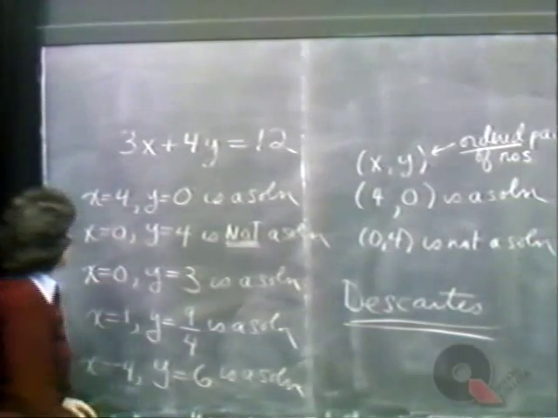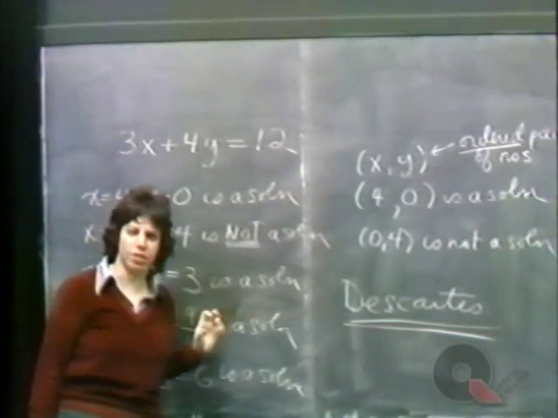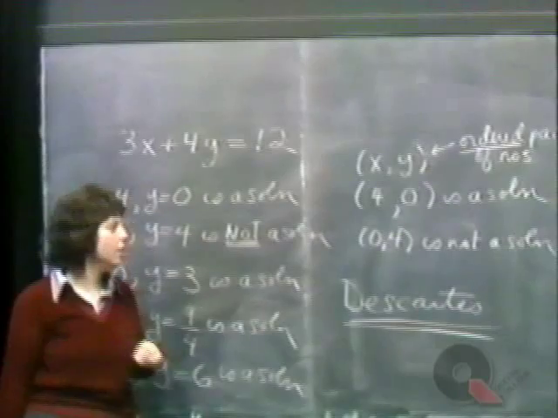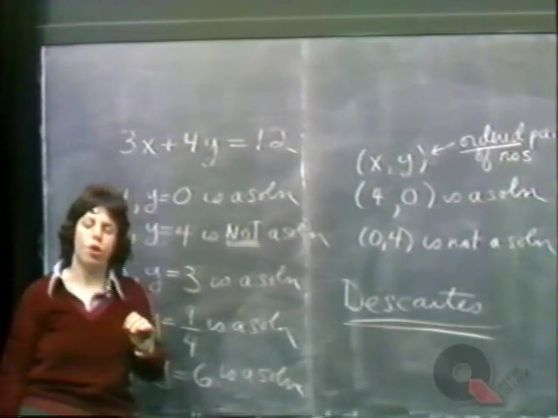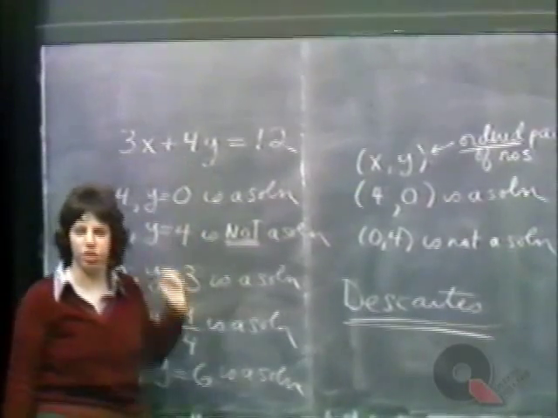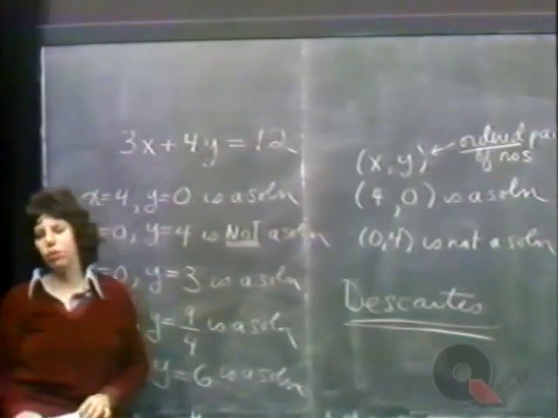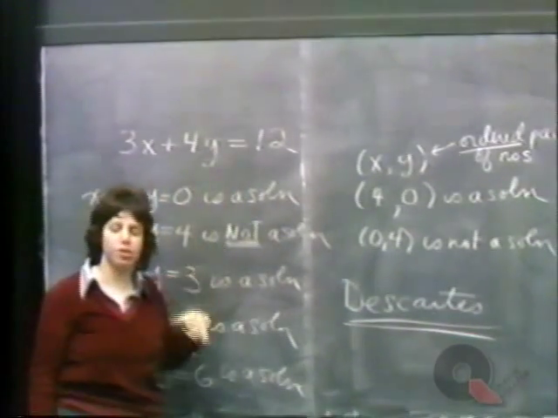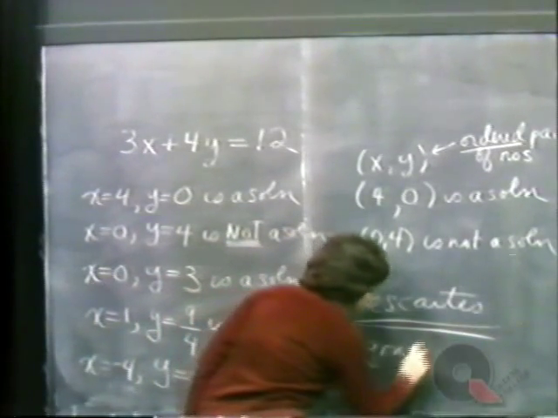The idea is to represent each one of these solutions by a point. Then when we look at all the points that represent solutions to the equation together, we will get a picture of all the solutions of this equation. Such a picture is called a graph. The picture of the equation that we're going to get is going to be called the graph of the equation.